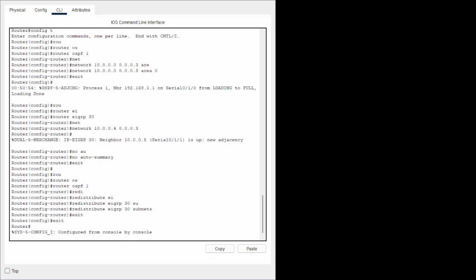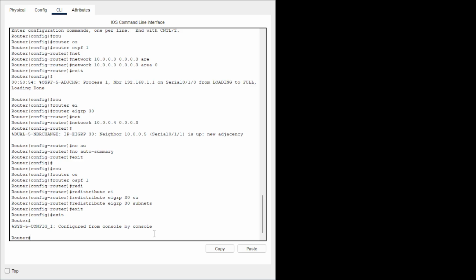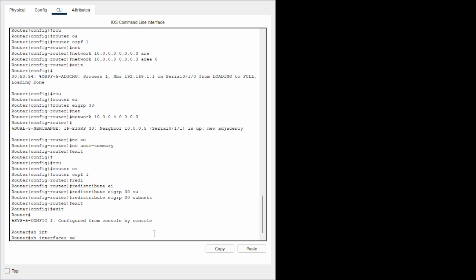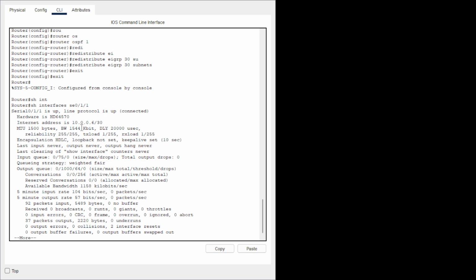So we just want to confirm what the bandwidth and delay of the edge router are. So for interface serial 0/1/1, it's a serial port, so its bandwidth will be 1544 kbps. Delay should be 20,000 microseconds. MTU 1500. Reliability 255, and the load is 1.